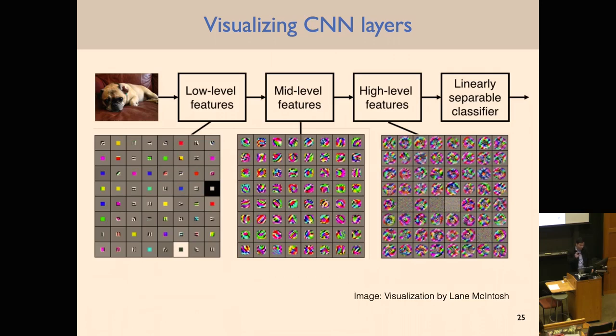Initial representations, in the beginning of the network, are sensitive to low-level features like corners or edges, and then as you go deeper in the network, they get more sensitive to more complex patterns. And these are for trained networks, right? I think this is for a convolutional neural network that's trained on ImageNet. These are the features that end up being learned after you do stochastic gradient descent.